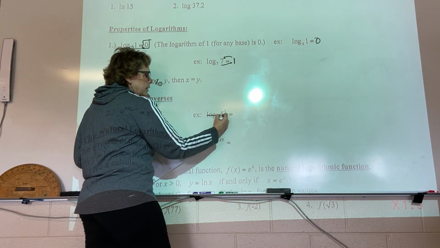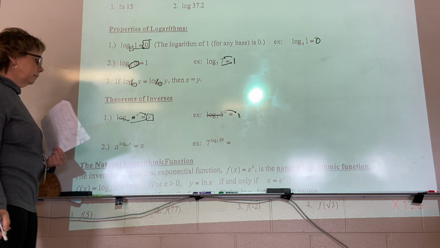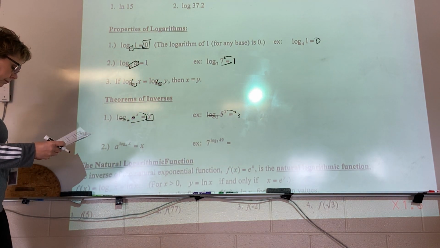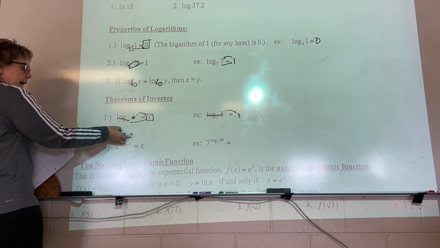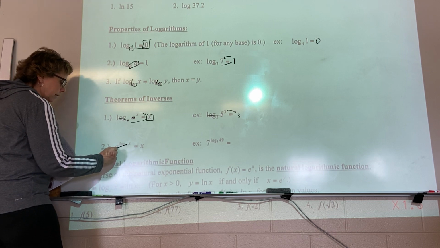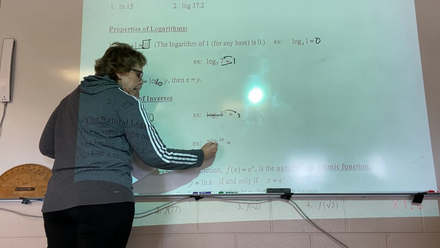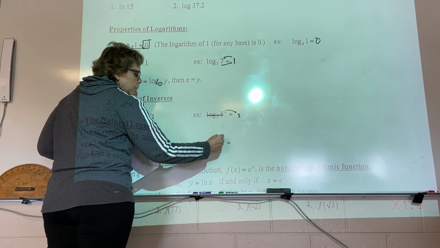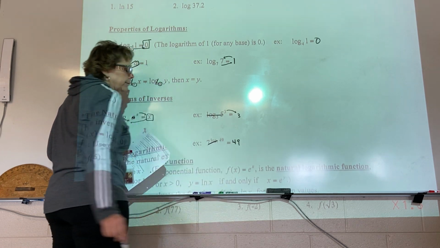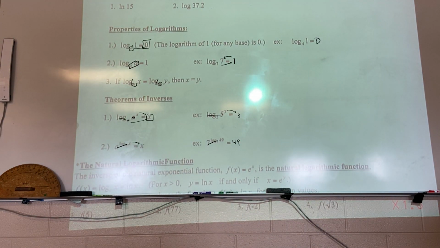These disappear, and x comes down in front. And vice versa, now the logarithm is in the exponent. Well, guess what? They cancel, and x comes down in front. Same bases cancel, down in front.